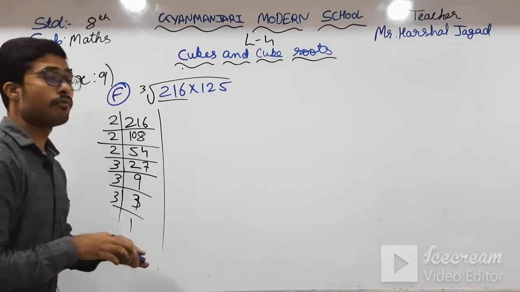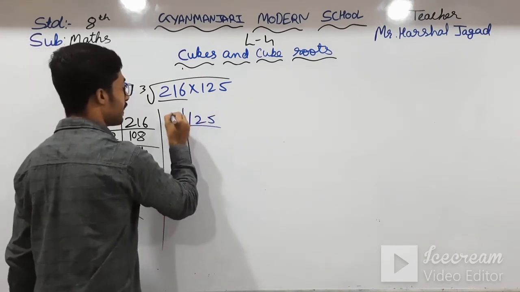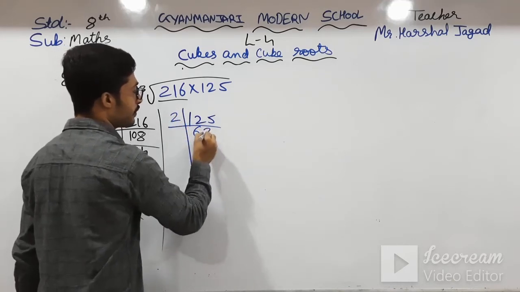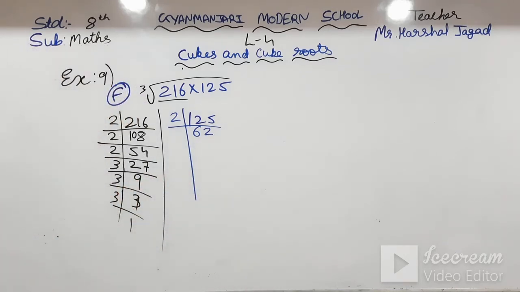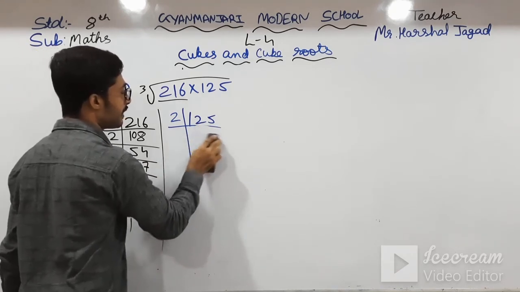Now we will find the factors of 125. It will not come with 2. We will go to 3, no, 3 is also not applicable.